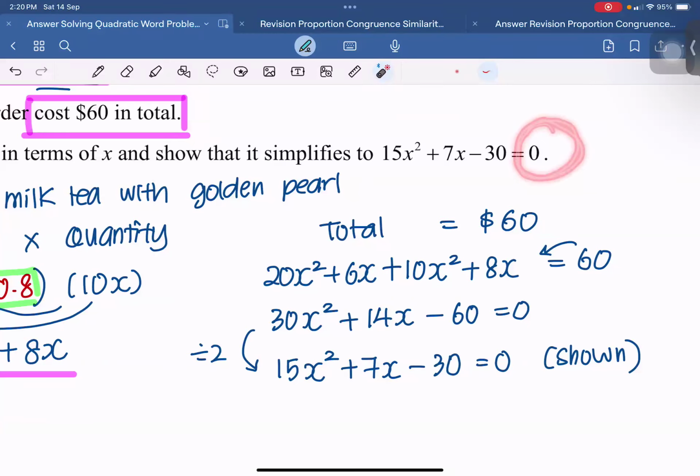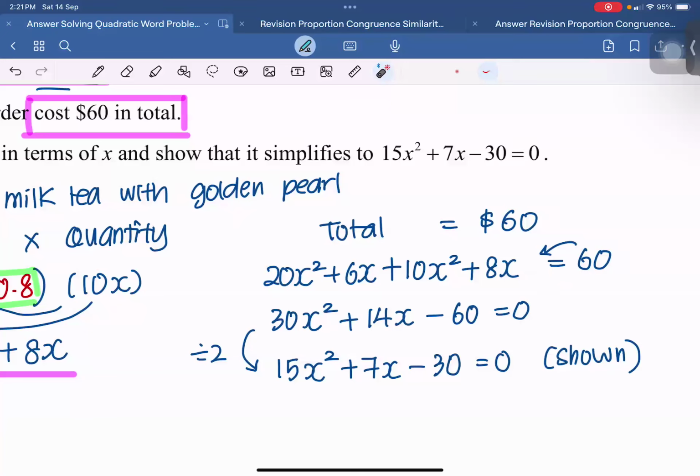So what do I need to do with 60? All of you know the answer? Somebody tell me. Thank you, Ijan. He says subtract. So we need to bring this over to one side. Subtract the 60.